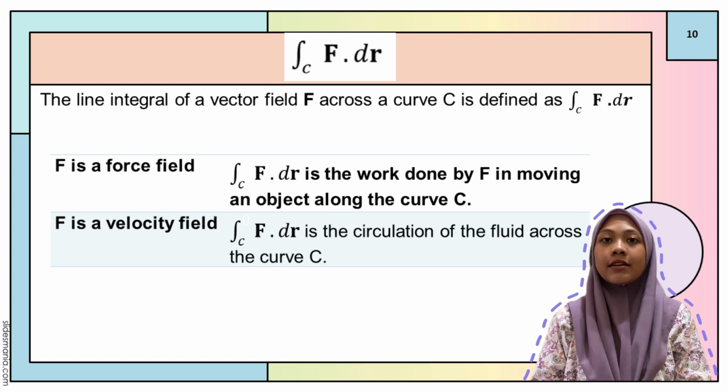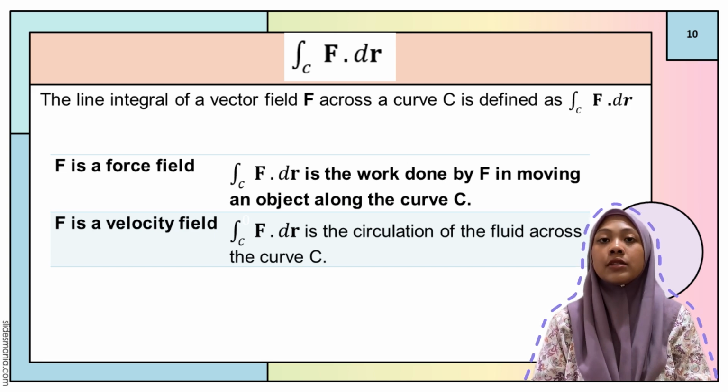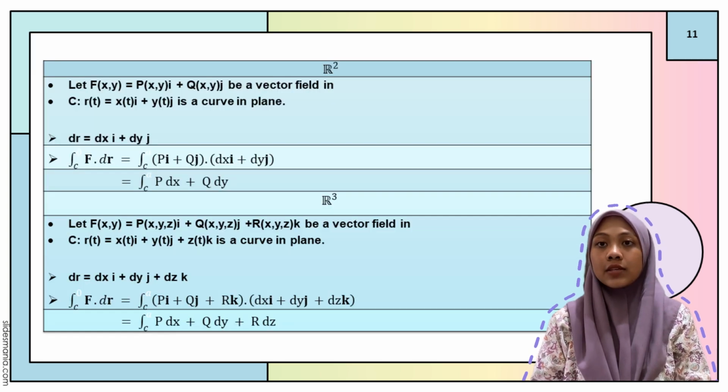We continue with F dot dr. The line integral of a vector field F across a curve C is defined as F dot dr. When F is a force field, F dot dr is the work done by F in moving an object along the curve C. And when F is a velocity field, F dot dr is the flow of the field across the curve C. So, how to find F dot dr?